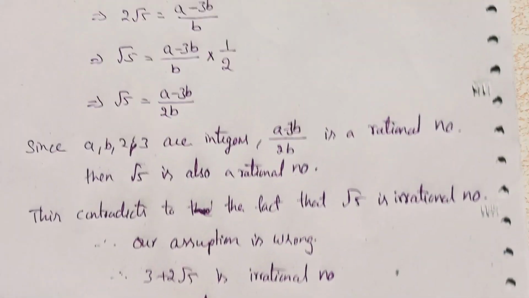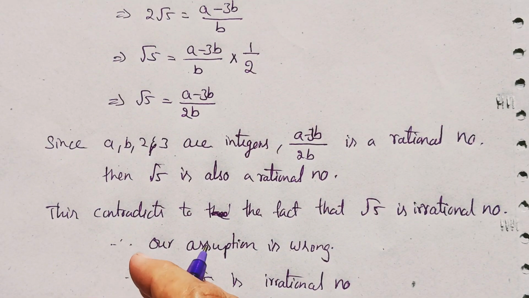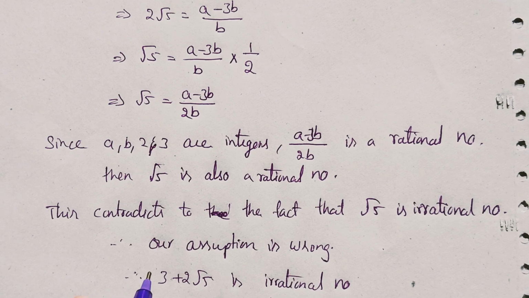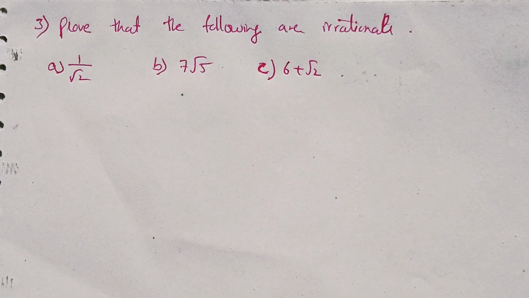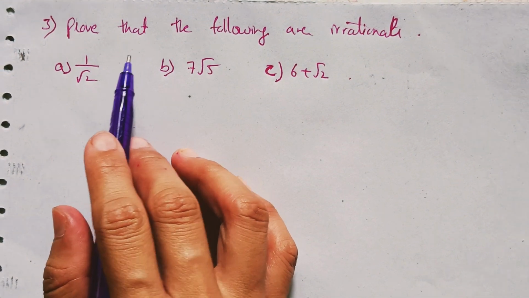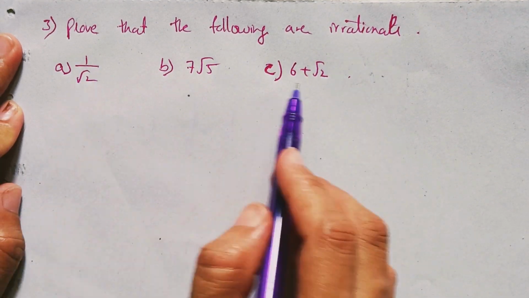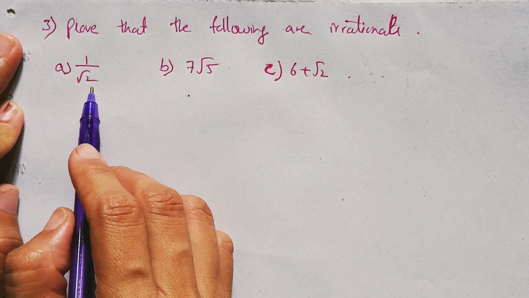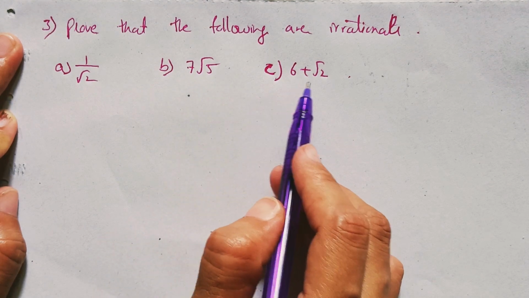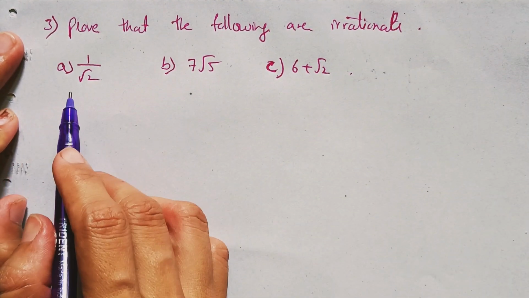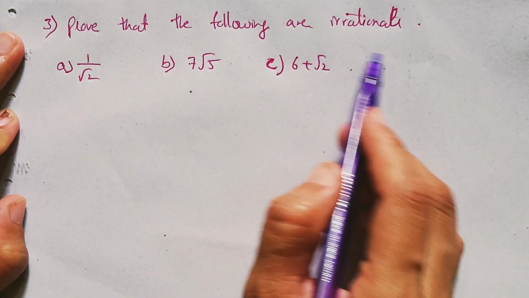Okay guys, now you got it understood. Now we'll move to the third question of this exercise. Our next problem is: prove that the following are irrational numbers. Here 3 problems are given: 1 by root 2, 7 root 5, 6 plus root 2. Now we have to prove that these 3 are irrationals.